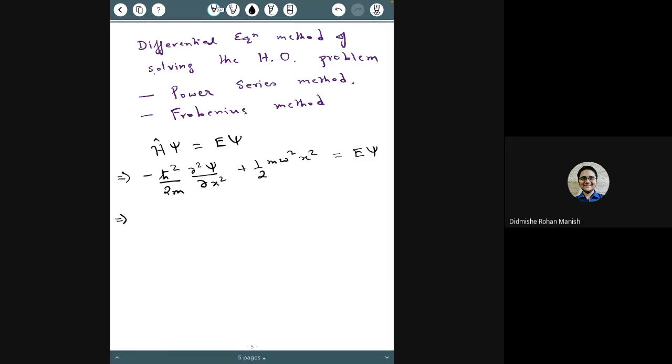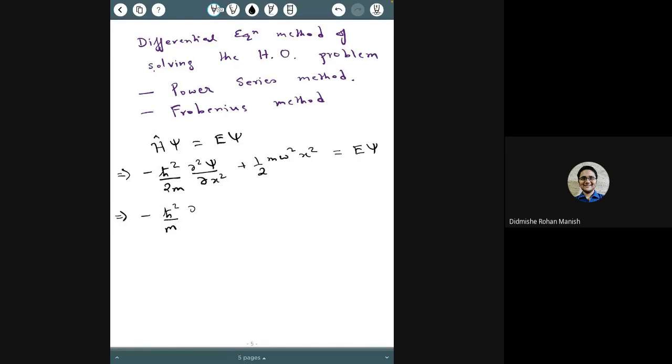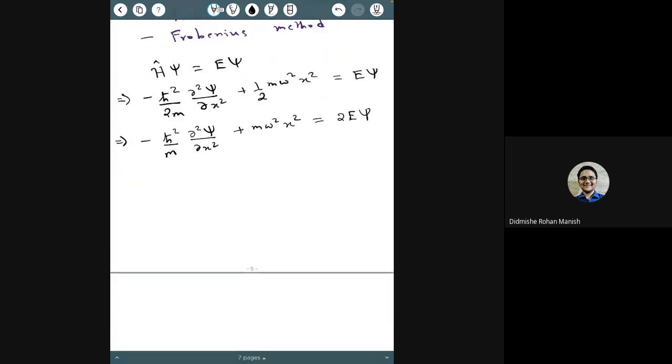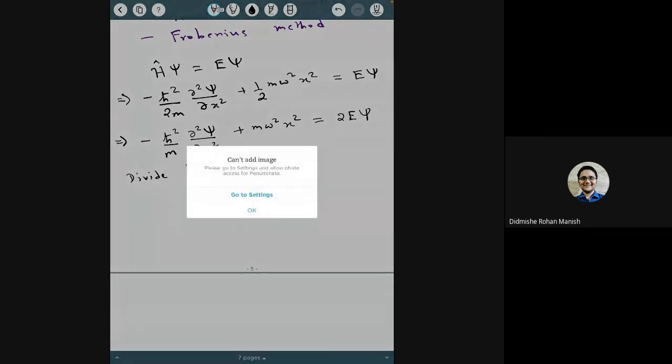And I will move the 2's to the right. So this will be a bit tedious, okay? So you'd have to be patient. It's not nice and neat like the operators. Now I divide by h cross omega.